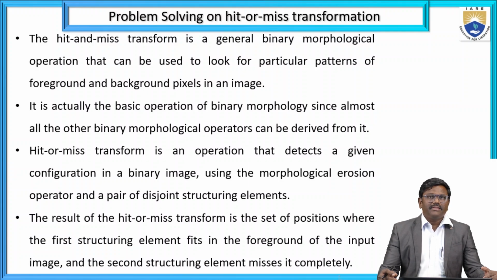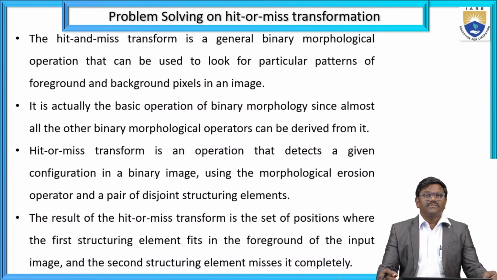It is actually the basic operation of binary morphology, since almost all the other binary morphological operators can be derived from it. Hit or miss transformation is an operation that detects a given configuration in a binary image using the morphological erosion operator and a pair of disjoint structuring elements.